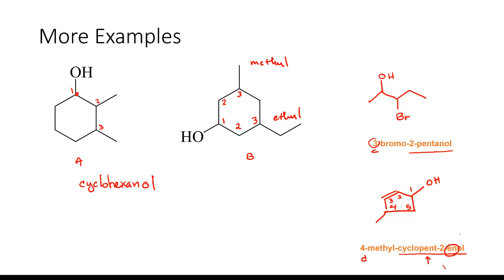Look carefully at the name. Like when you see this number 2, that should tell you, well, the en-ol, right? En means there's a double bond. Ol means it's an alcohol. In a ring, the alcohol doesn't need to have a number associated with it. So you can just put it on number 1 carbon, or it doesn't have a number associated with it in the name.